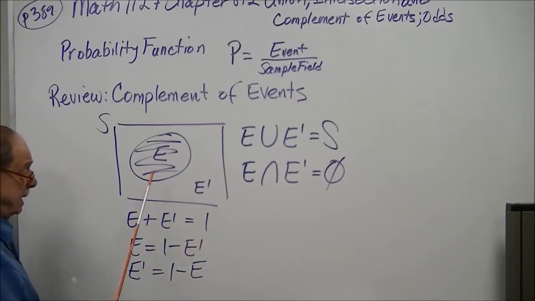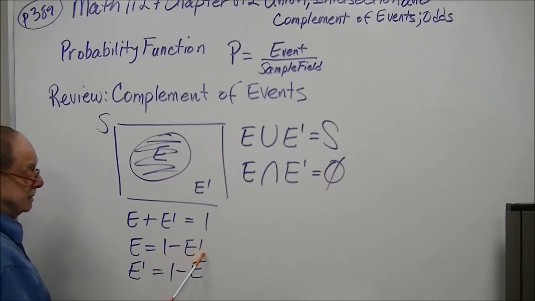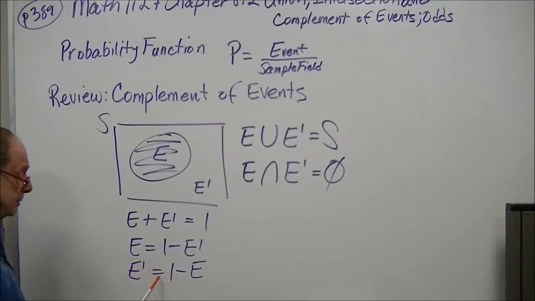So the E value is 1 minus the complement. And the complement would be equal to 1 minus set E. So look these over. These are all from the textbook. I simplified it just a little bit to make it a little easier. And then we'll work some problems.